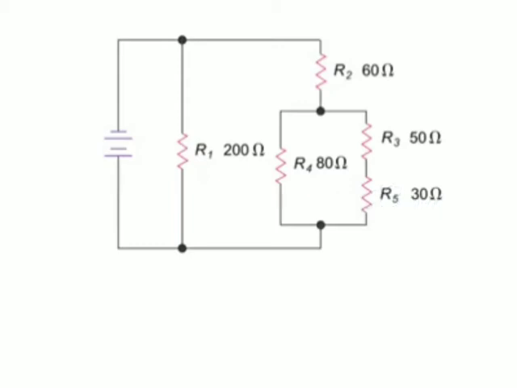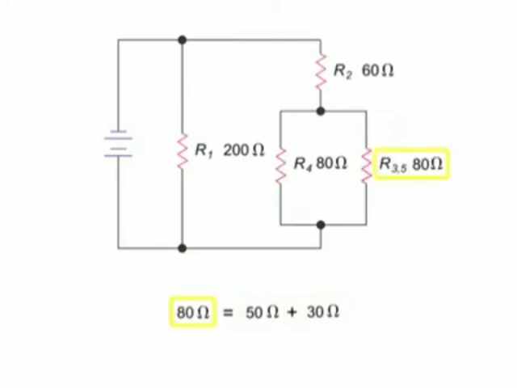In this more complex series parallel circuit example, let's begin by combining the resistance of the two resistors farthest from the source, R3 and R5. Since these resistors are in series, we can simply add their values, 50 ohms plus 30 ohms, to get 80 ohms.